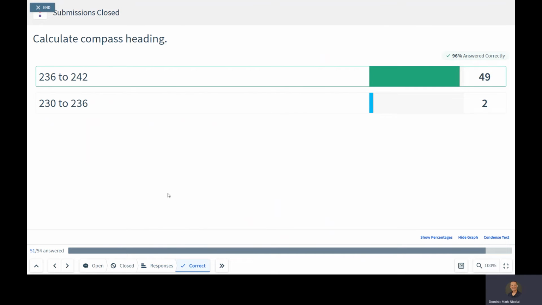So 240 is the approximate heading, 239, 240.